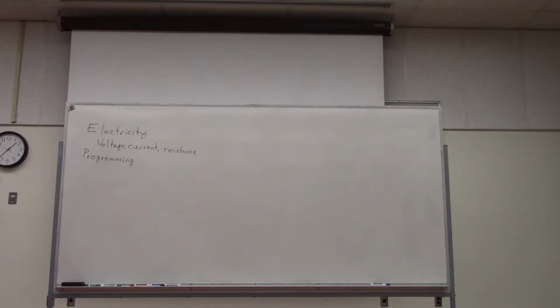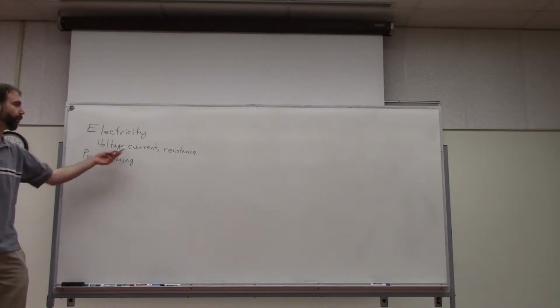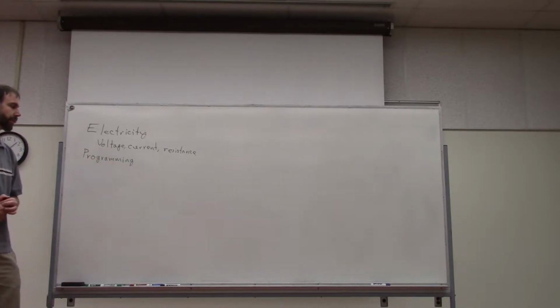All right. So let's start with a little bit of a review. Now, we talked about some fundamental terms that we're going to be using throughout the semester. We talked about voltage, current, and resistance. These are all different terms for different things related to electricity.